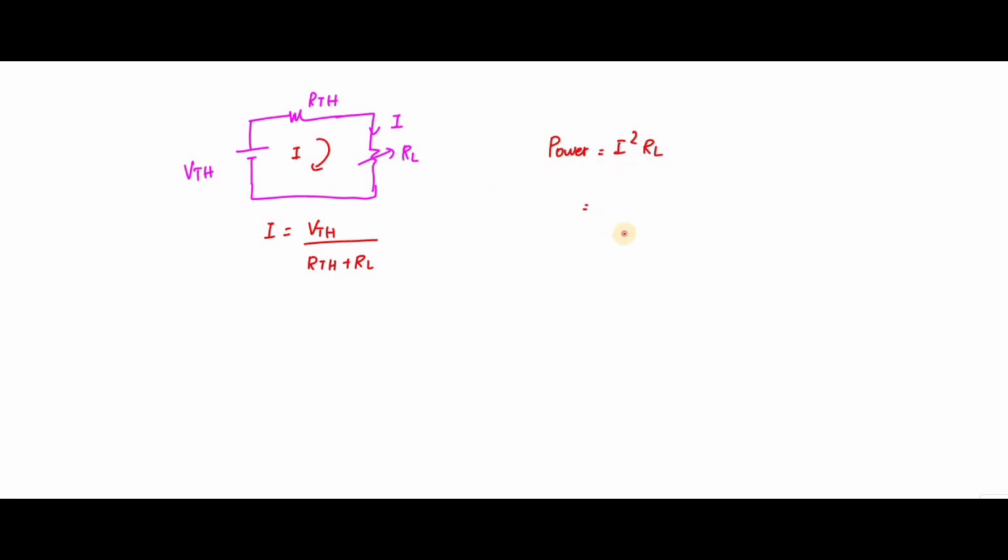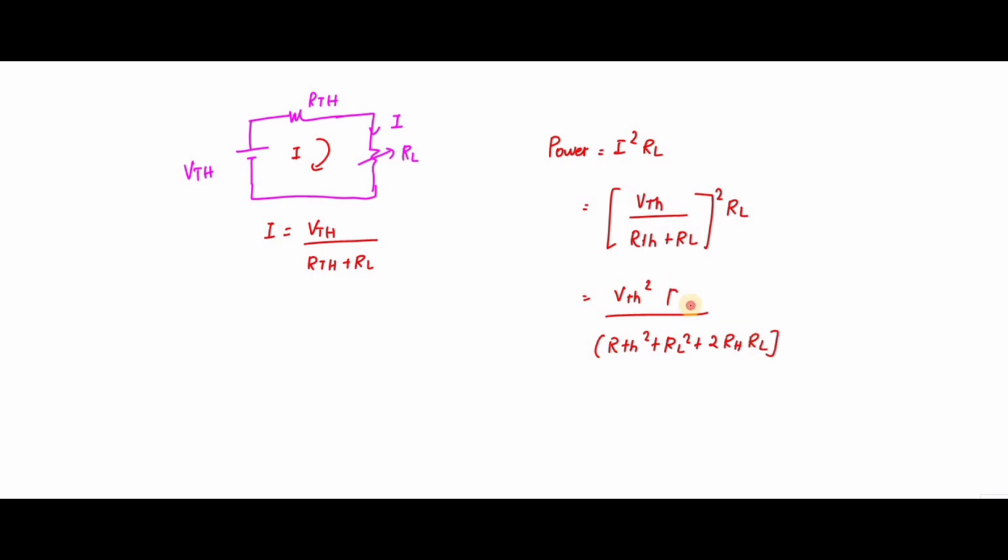So I can substitute this: P is equal to VTH divided by (RTH plus RL) whole square, multiplied by RL. I can write this as VTH square divided by RTH square plus RL square plus 2 RTH RL, into RL.